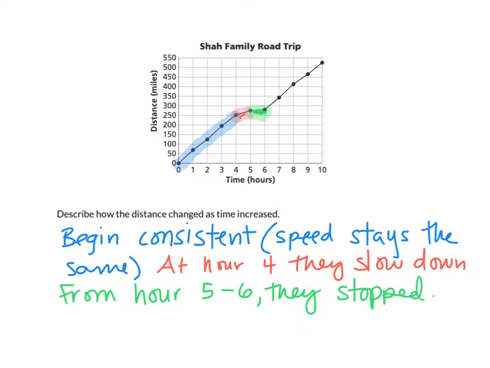All right, and then let's look at the very end of the trip. So at the very end of the trip would be right here. And again, it looks like these dots are forming almost a perfectly straight line. So I can say that they ended their trip consistent again.